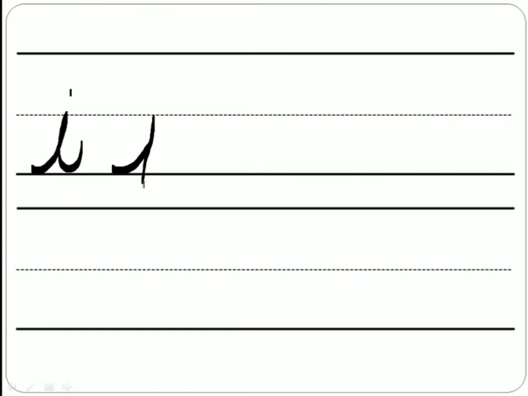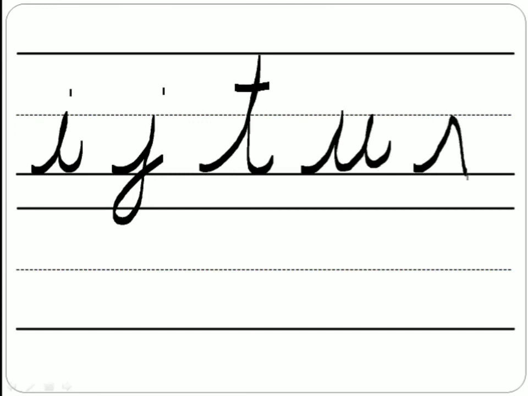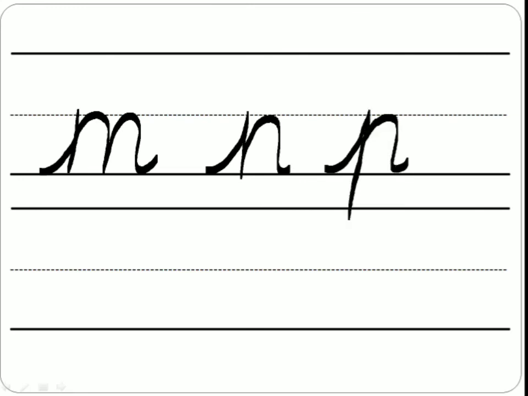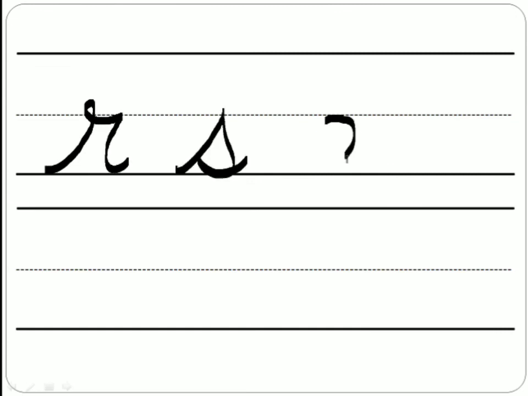I, J, T, U, V, W, Y. We have letters with downstrokes like M, N, and P. And the remaining letters R, S, X, and Z.